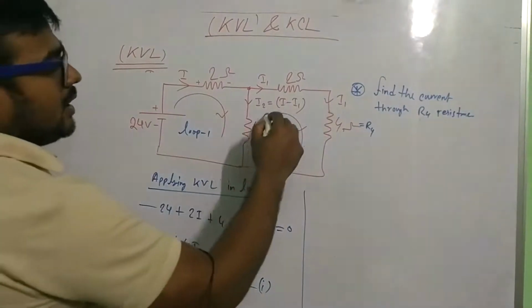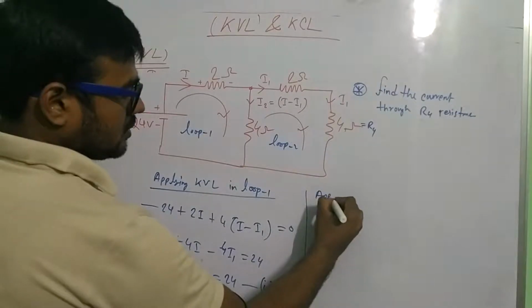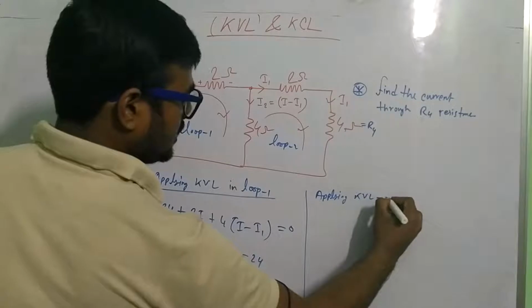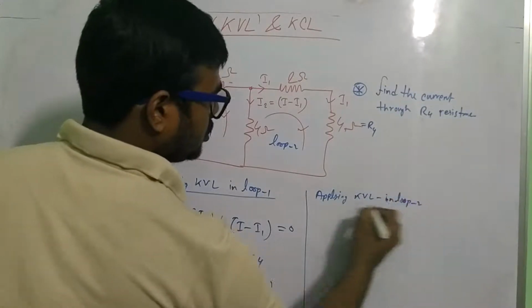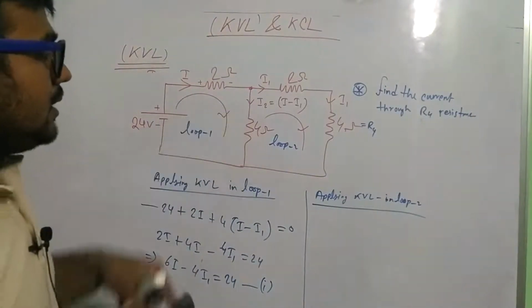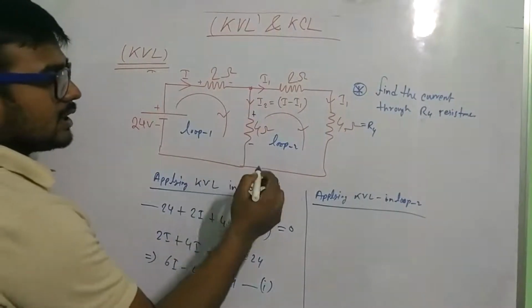Now applying KVL in loop 2, what happens? Here where the current enters is plus, and where it leaves is minus.